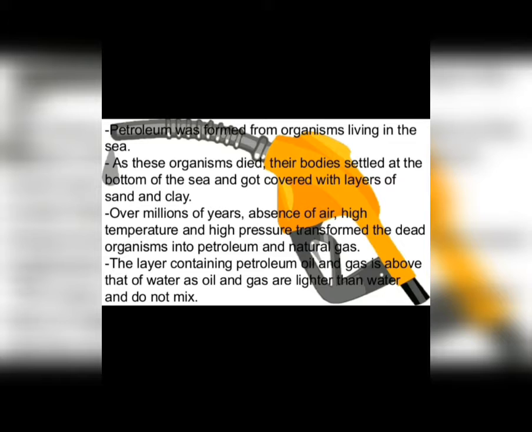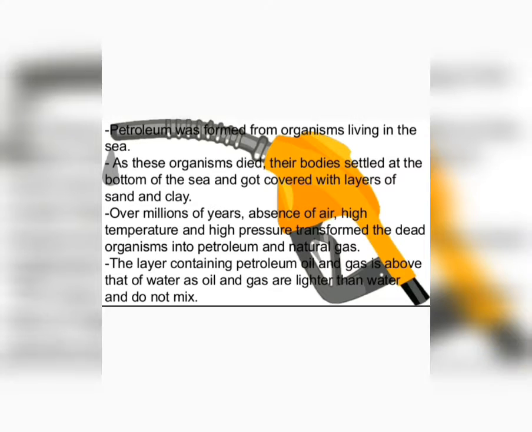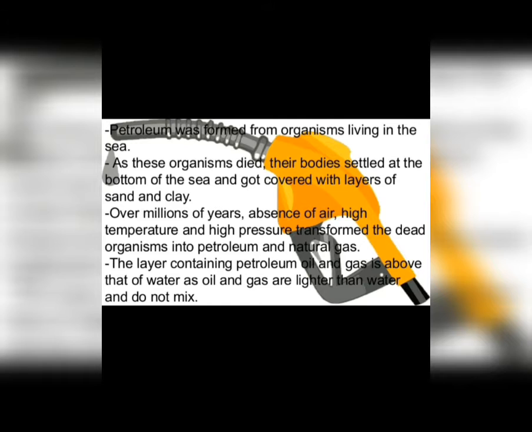The tiny plants and animals which lived in the sea died, and their dead bodies sank to the bottom of the sea, and then were covered with mud, sand, and sediments. Due to intense pressure, heat, and the action of bacteria, and most importantly, in the absence of air, the dead remains of these tiny plants and animals got slowly converted into petroleum.